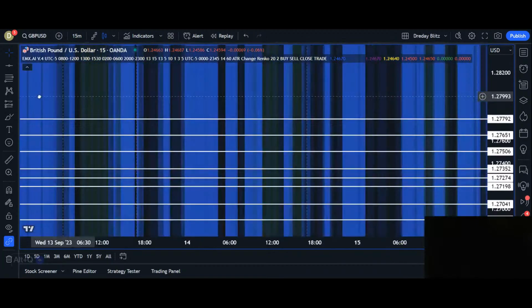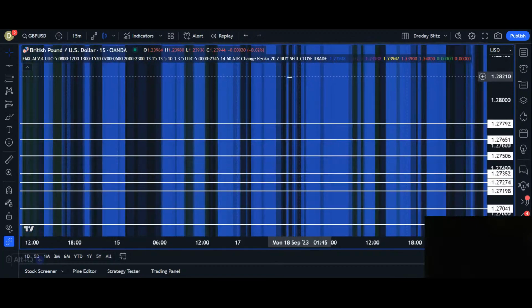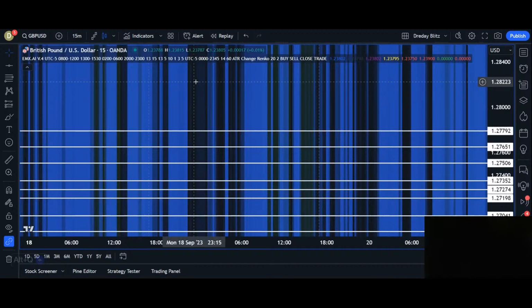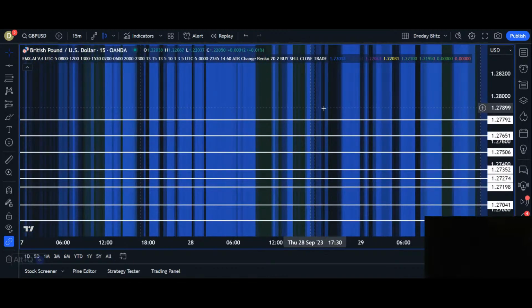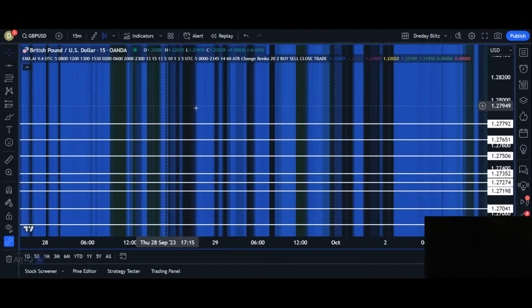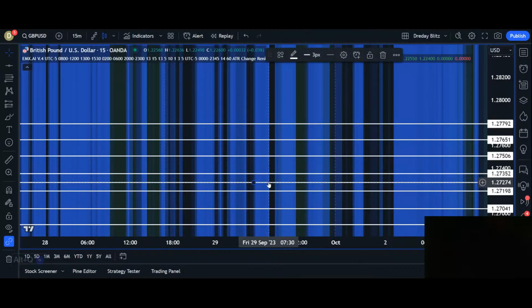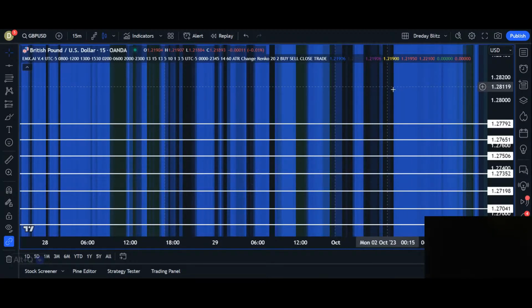I think there's one line that needs to be removed, so let's remove this one. The reason why is that it's a small Renko, so I want to have bigger Renkos.